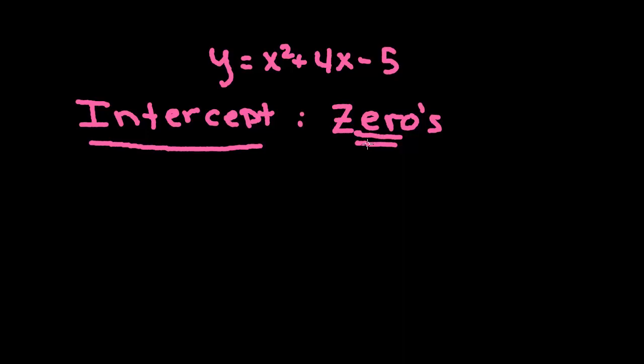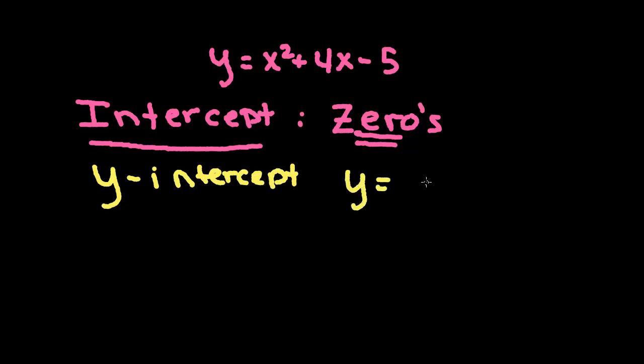And if you want the x-intercept, then you're going to do the opposite. You're going to let y equal 0 and find out what is the value or values of x when y is 0. So let's start off with the y-intercept. It's very easy to find in this form. So the y-intercept means we want to find y, so therefore we're going to let x equal 0.